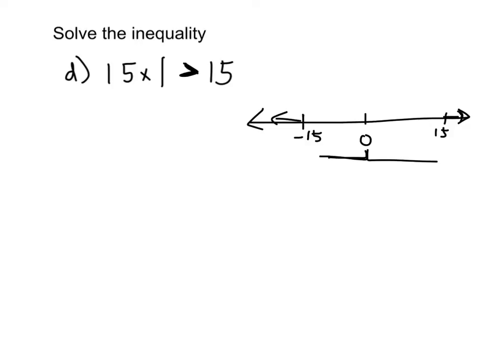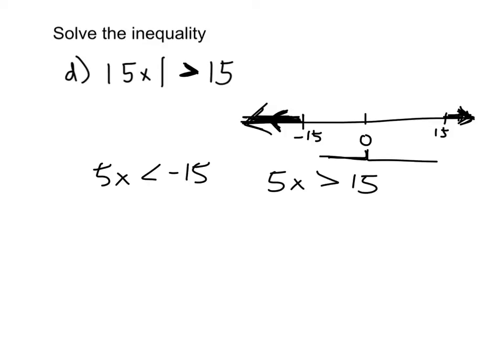So my solution must be less than -15, right? Because we're going in the negative direction. So I must be less than -15 or more than 15, right? So 5x must be less than -15, or 5x must be greater than 15.